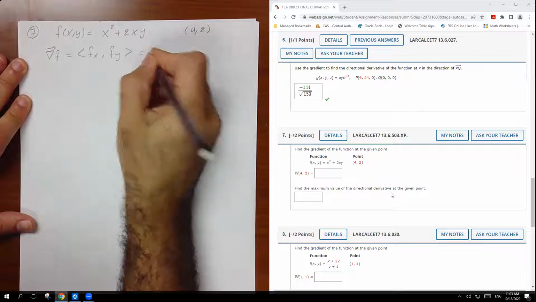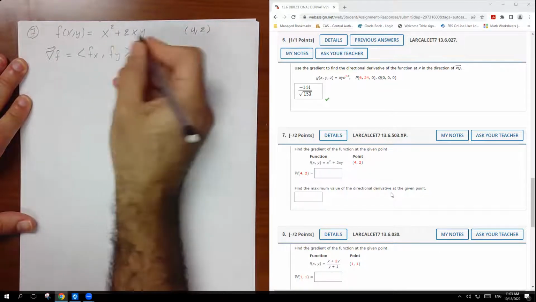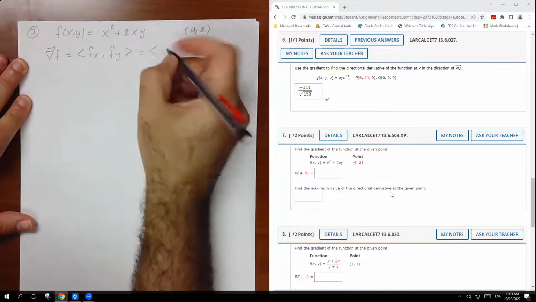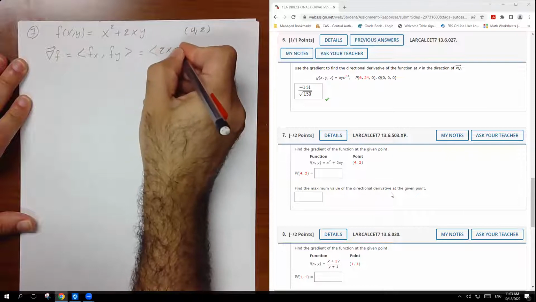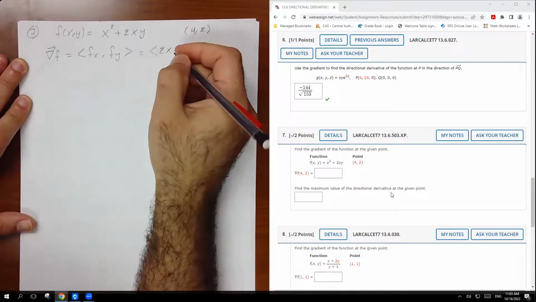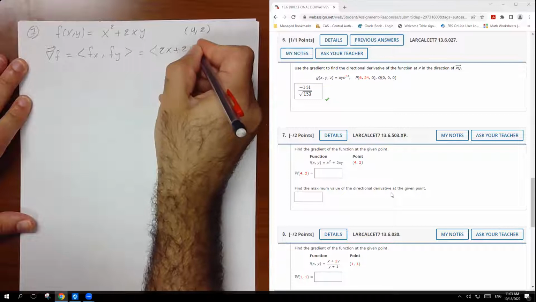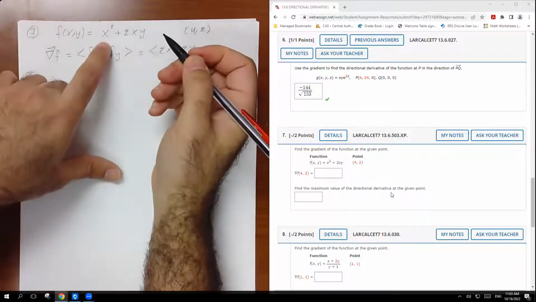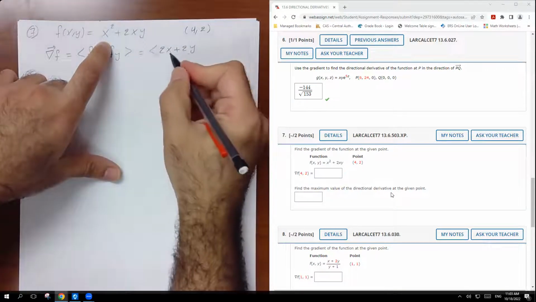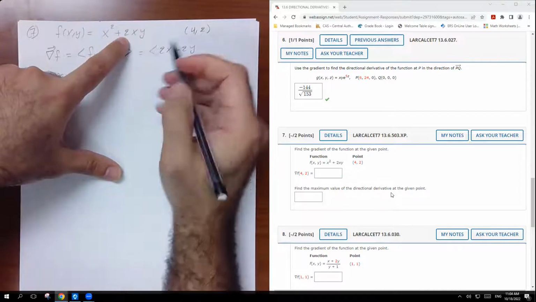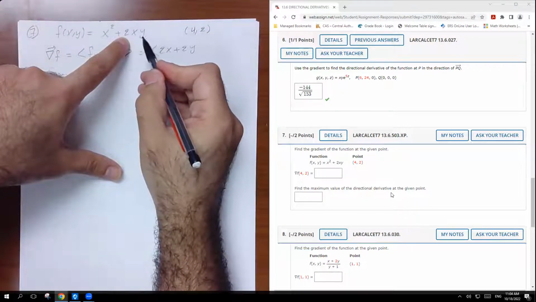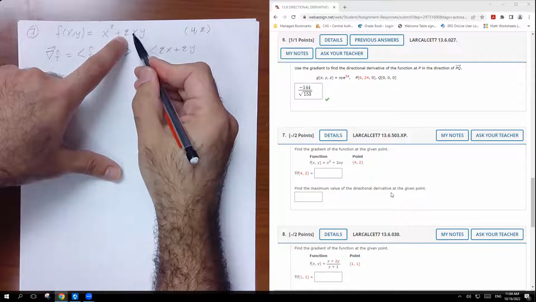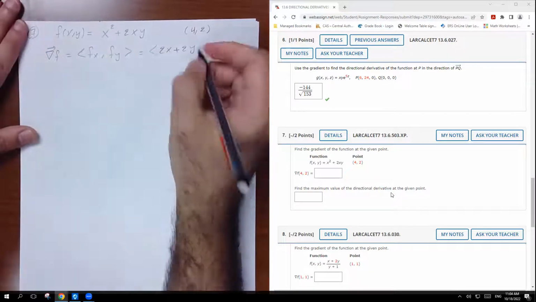With respect to x, this is going to be 2x plus 2y, because the derivative of x squared is 2x. For 2xy, 2y is a constant and the derivative of x is 1, so 2y.